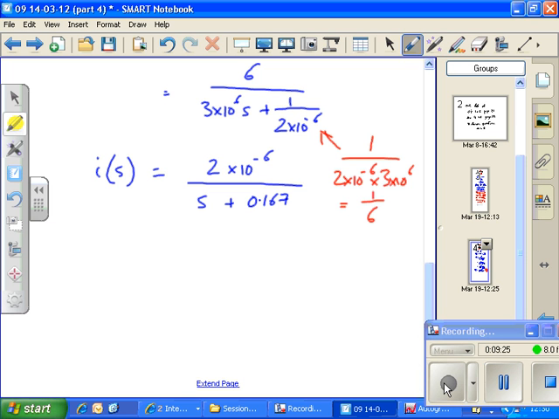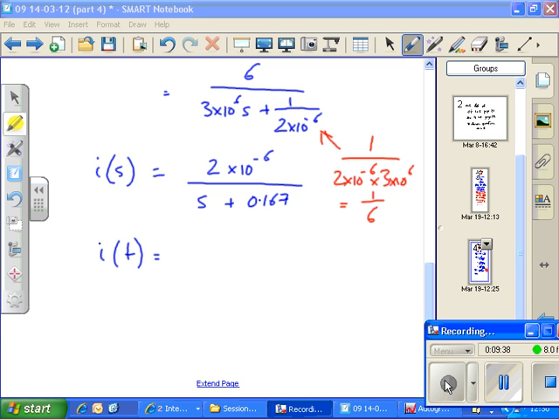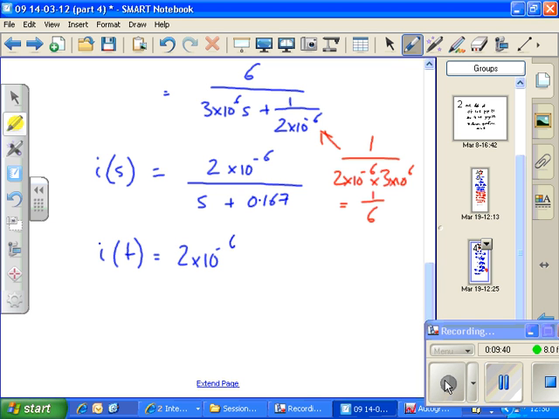So it turns out to be quite a straightforward number at the end. And now we can do the transform back using the tables. So we get that I(t) equals 2 times 10 to the minus 6 times e to the minus 0.167 t.